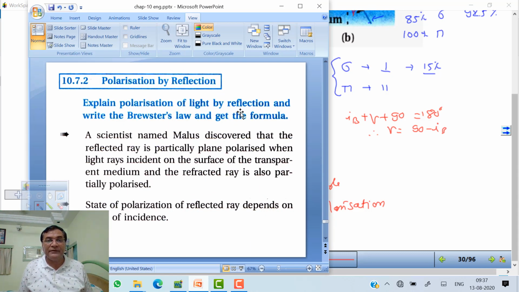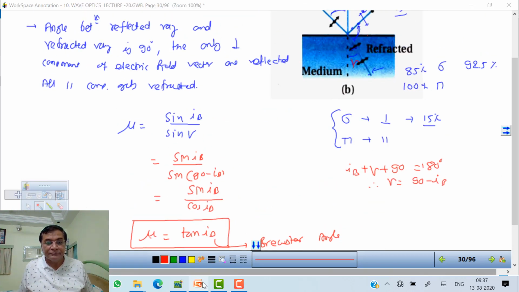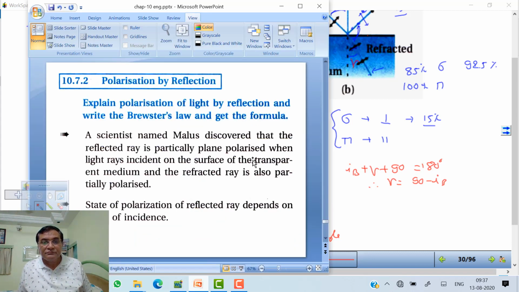Explain polarization of light by reflection and write the Brewster law and get the formula. The scientist Malus discovered that reflected rays are partially plane polarized when light rays are incident on the surface of a transparent medium, and the refracted ray is also partially polarized.